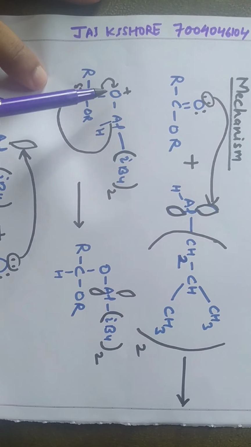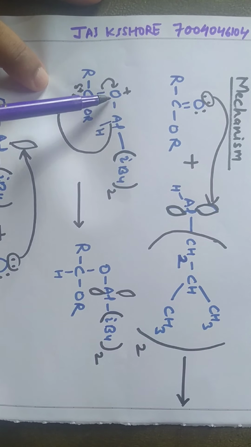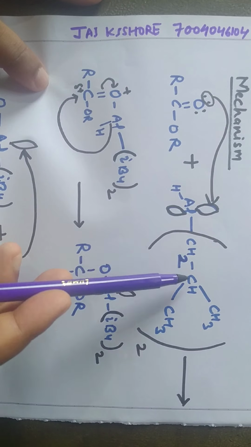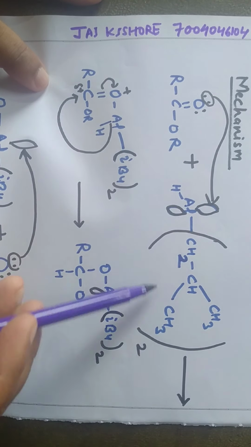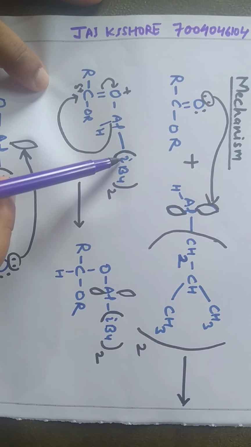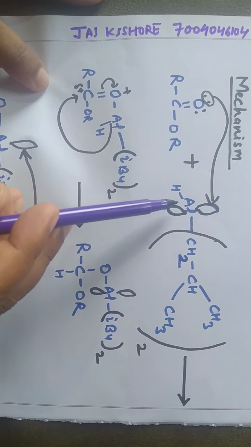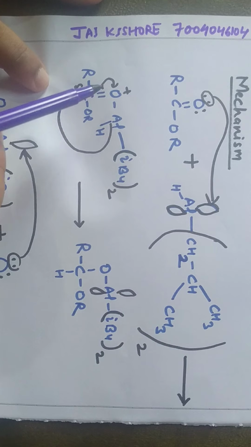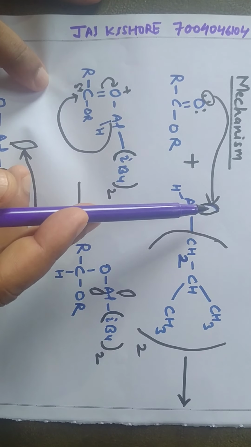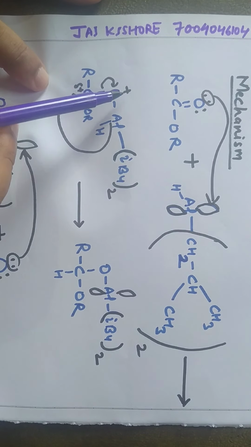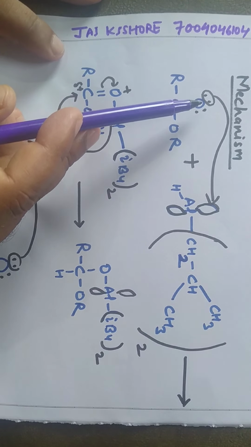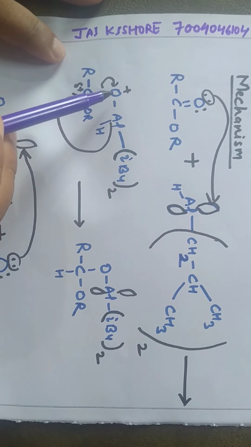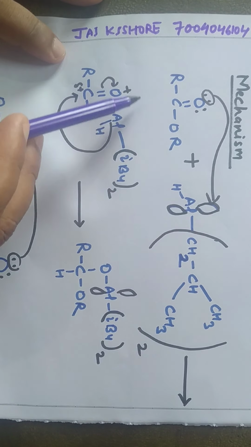You can see here oxygen and aluminum joined together, and we can represent the isobutyl group in short as i-Bu, and the aluminum is attached with hydrogen, which I have located here. Since oxygen has given an electron pair to aluminum, oxygen becomes electron deficient, so we have shown a positive charge here.